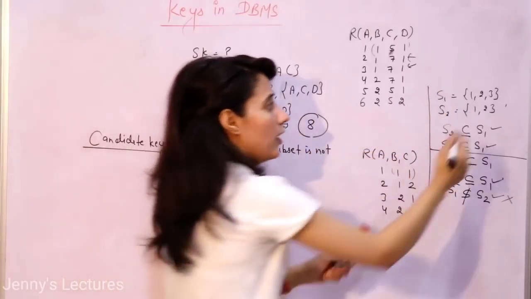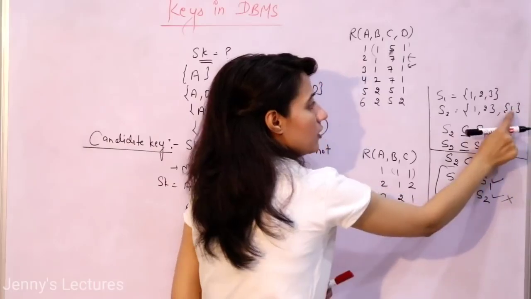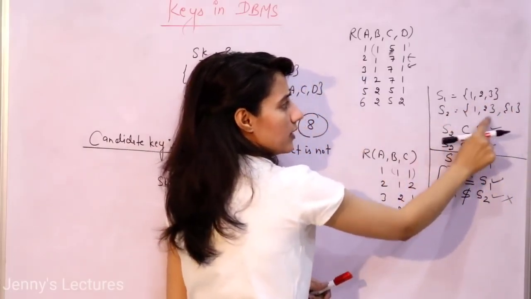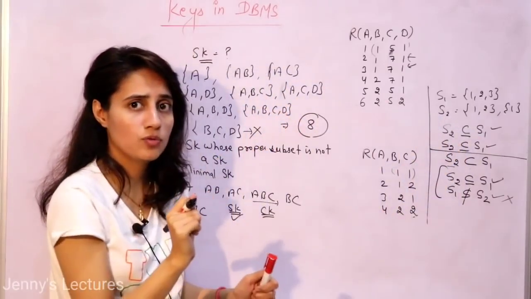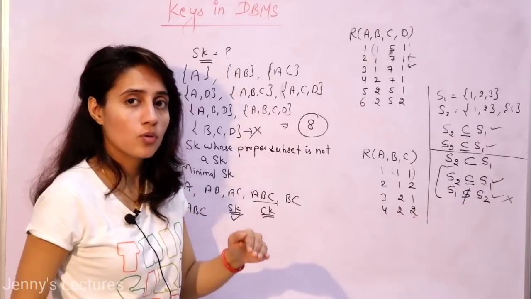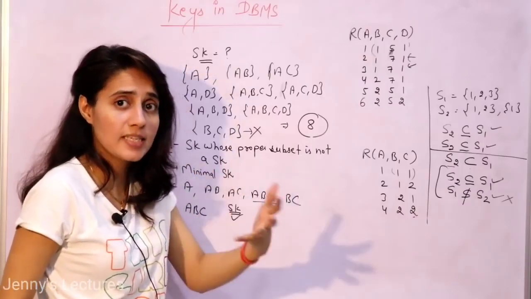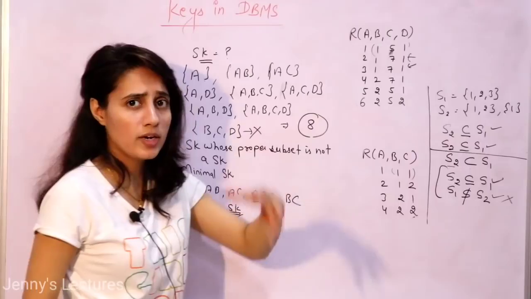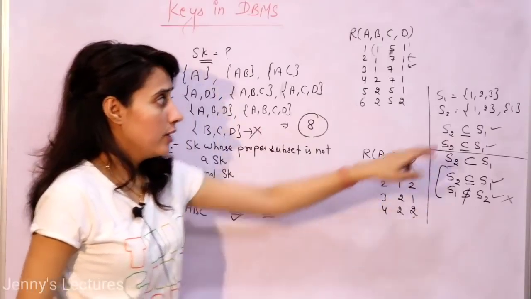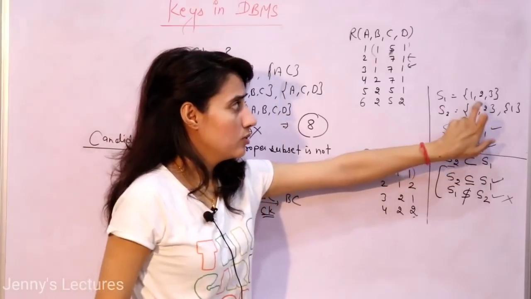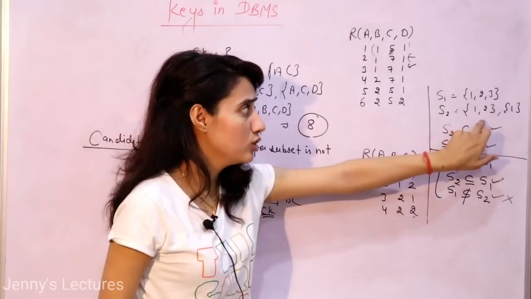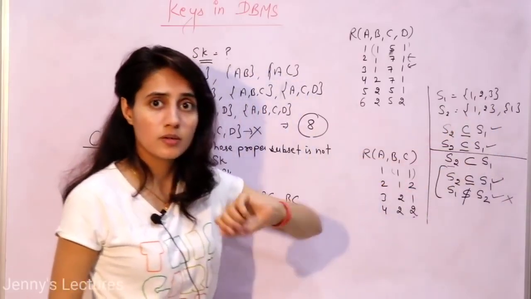If I have only 1, that is also a proper subset of S1, but if I have 1 2 3 here, then that is not a proper subset. In a proper subset we have fewer elements, maybe 1 element less or 2 elements less. We cannot say 1 2 3 is a proper subset, but 1 2 is, 2 3 is, 1 is a proper subset, right?